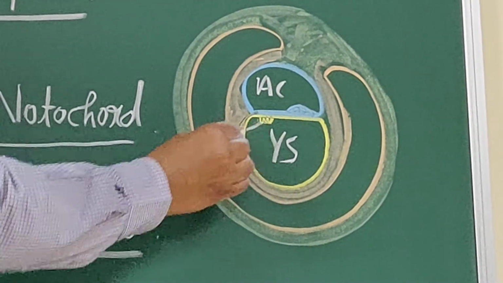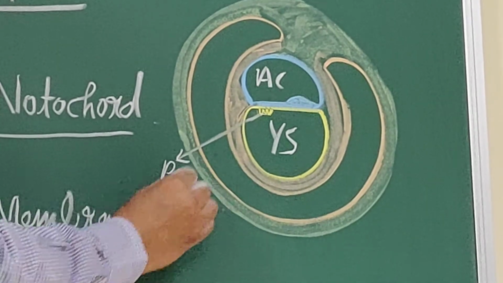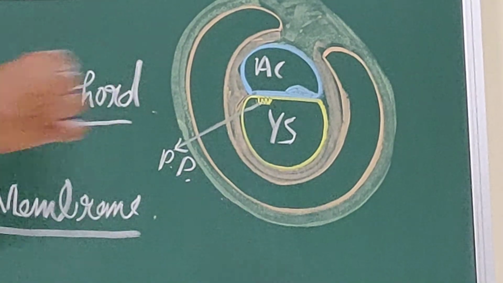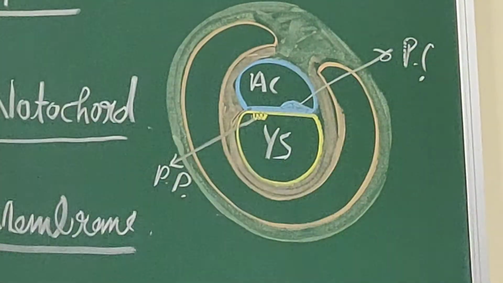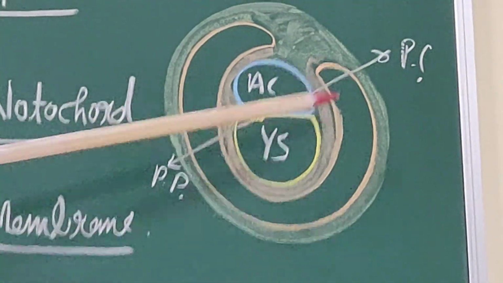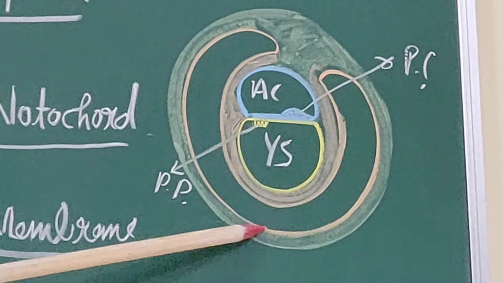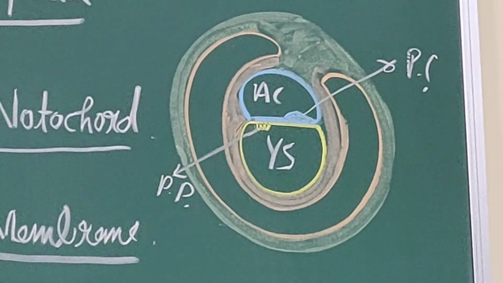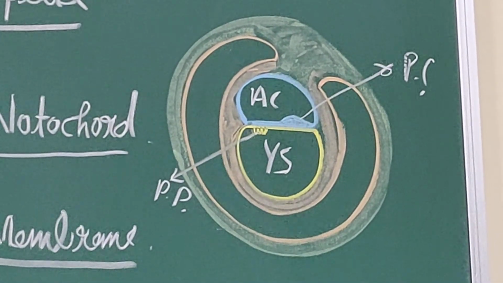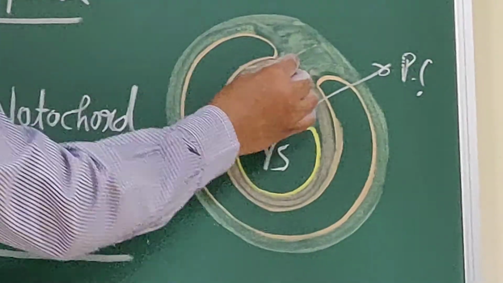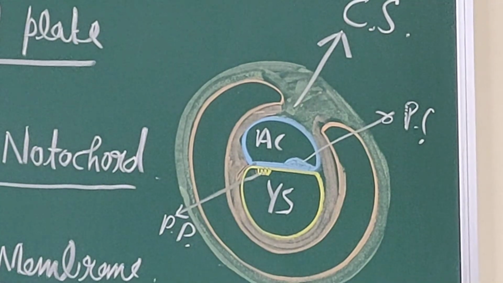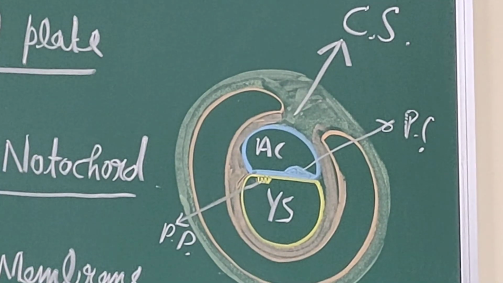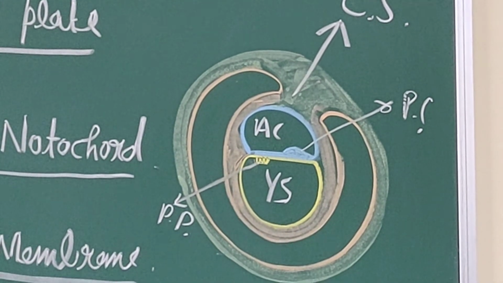This region represents the prechordal plate, while this bulging is the amniotic cavity, and this is the primitive streak. Then this cavity is known as the chorionic cavity. Now see the position of the connecting stalk. This is the connecting stalk, a derivative of the extra-embryonic mesoderm.